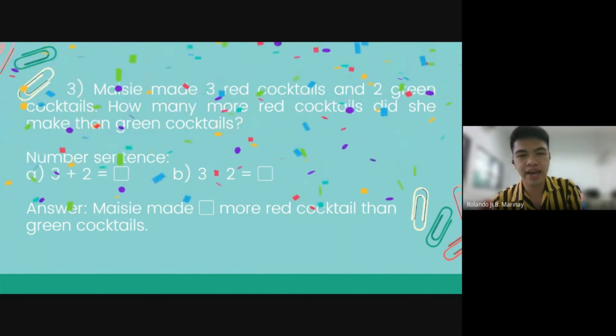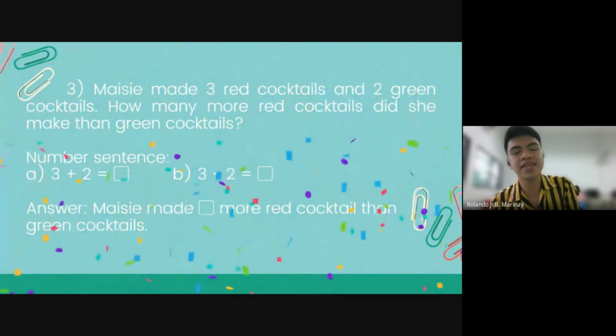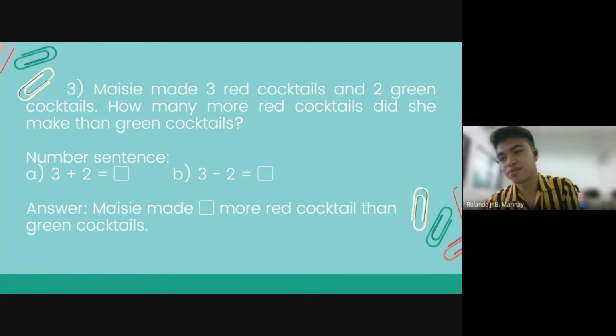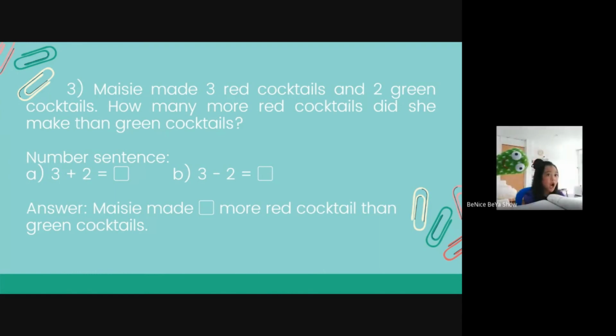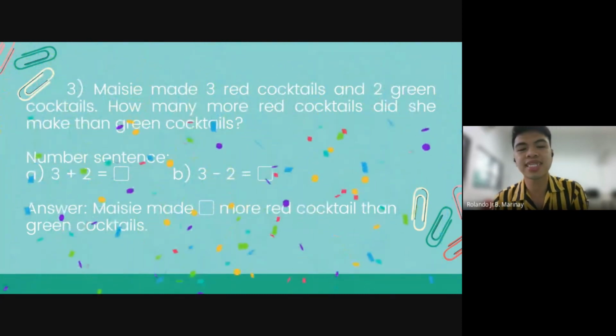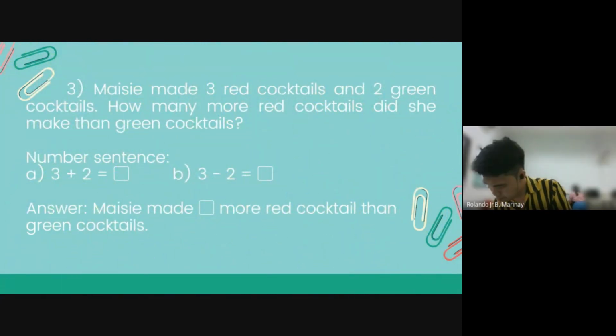That's the correct number sentence. The answer is Macy made blank more red cocktails than the green cocktails. So what is the correct answer? 3 minus 2 equals 1. Perfect. So we're going to write 1 inside of the box.